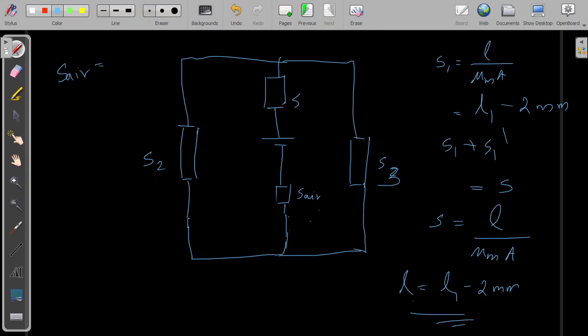S air will be equal to again L air divided by mu 0 mu r into A. So you will get S air value also. Okay, S air value you got, S you got, then calculate S2 and S3. Because A is given, you can calculate it.